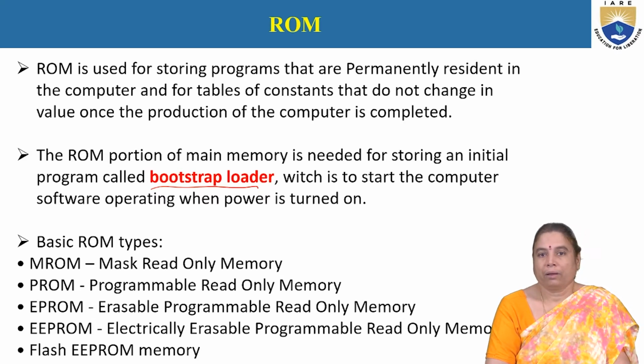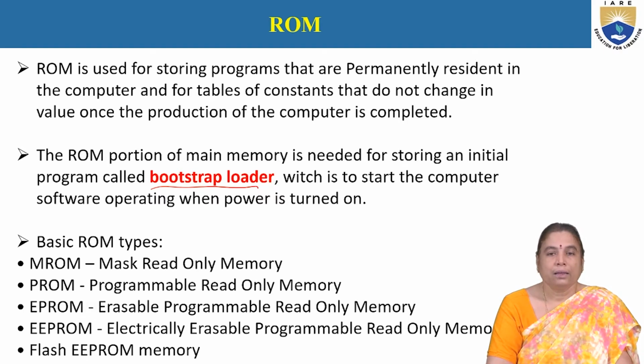ROM is generally used to perform the read operation. If you want to perform a write operation, some special erasable techniques can be used, either by using ultraviolet rays or with the help of electric signals. The content of ROM can then get erased.